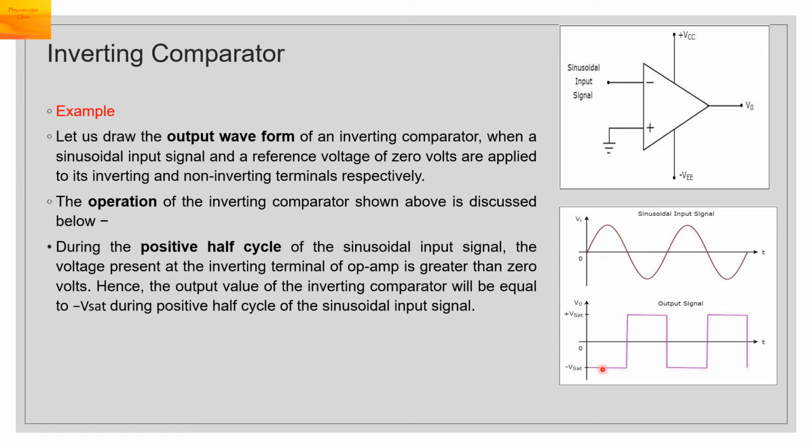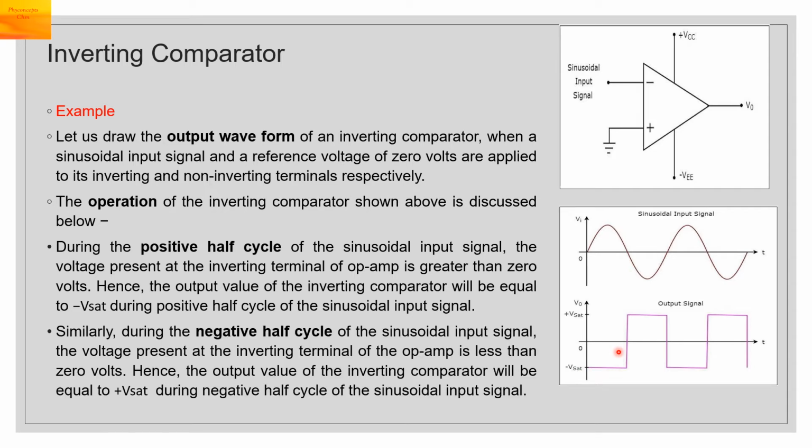So the output will be equal to minus Vsat. During the negative half cycle, we'll find that the voltage present at the inverting terminal is less than 0 volts, the reference voltage, and hence the output will be equal to plus Vsat.